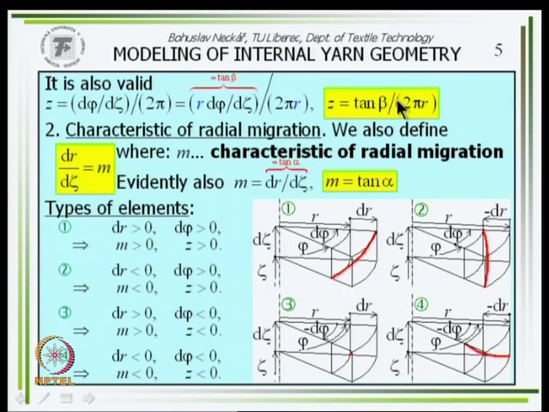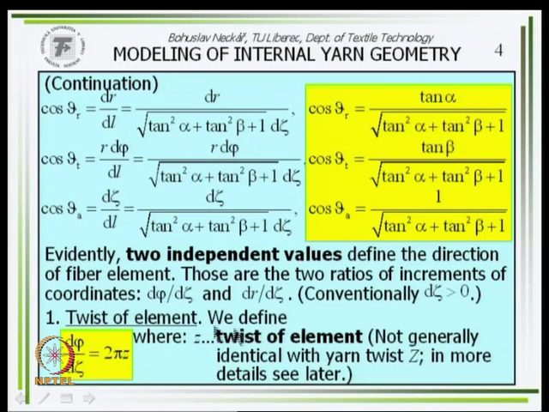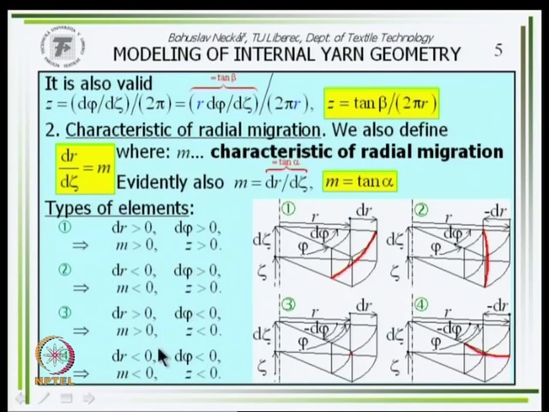The first characteristic is the characteristic of twist for our fiber element. The second characteristic, dr by d zeta, which is m, is a characteristic of radial migration.